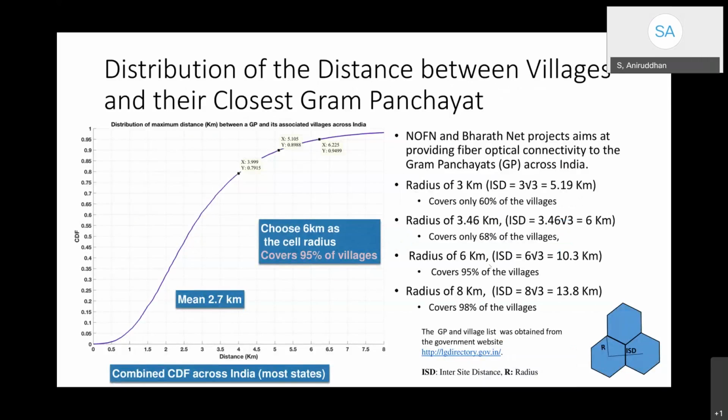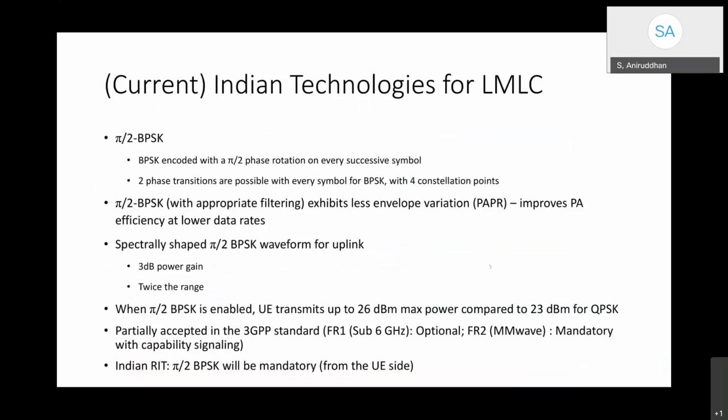Naturally, that has two aspects. The minute the cell size is larger, on the uplink side you need to increase the range of the transmitter, which means more power needs to come out of the transmitter while maintaining the signal quality.